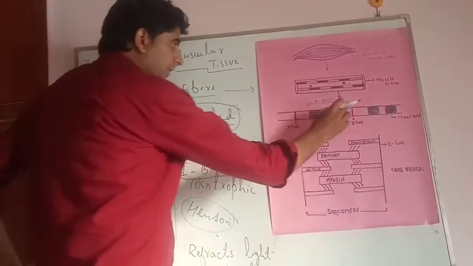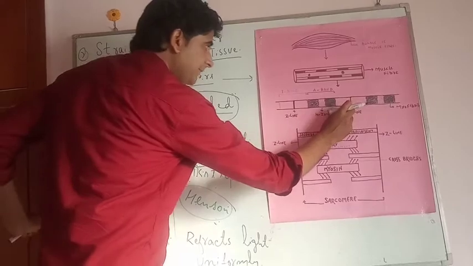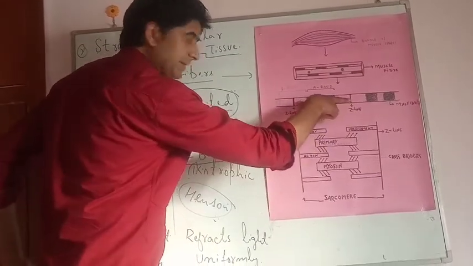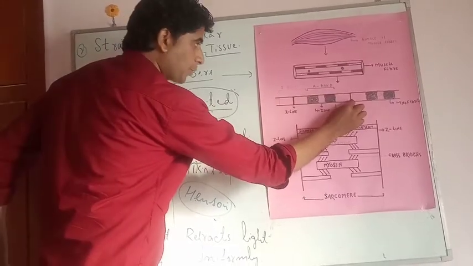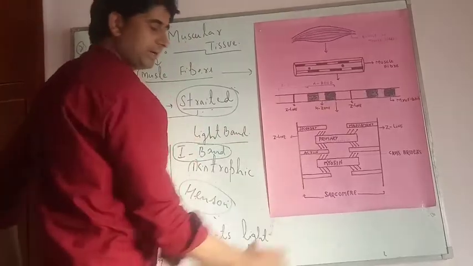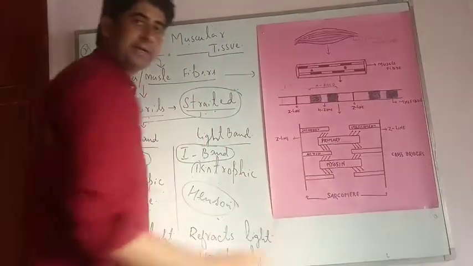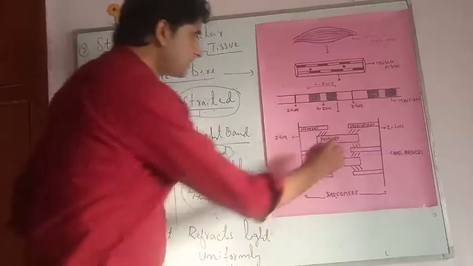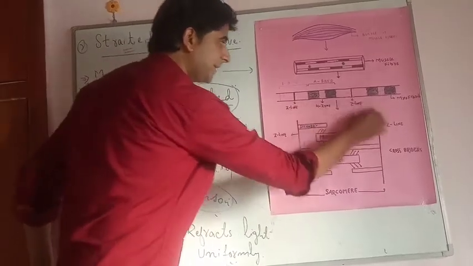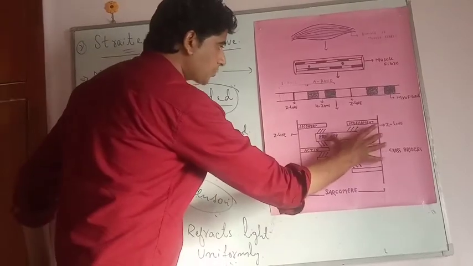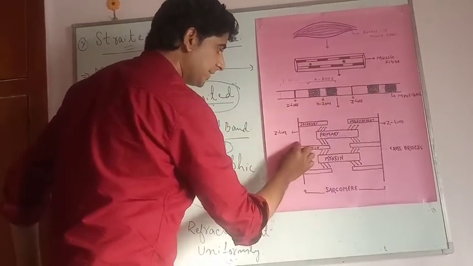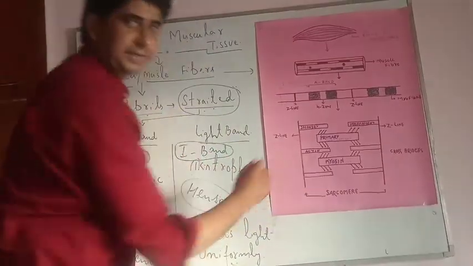Now, the portion between the two Z lines, ये वाला portion और ये वाला, यहां तक, the portion between the two Z lines, अगर हम इसको zoom करेंगे तो ये ऐसा स्ट्रक्चर हमें दिखाएगा. So that means if this is Z line and this is Z line, ये हमने zoom किया. The portion between the two Z lines is termed as sarcomere.